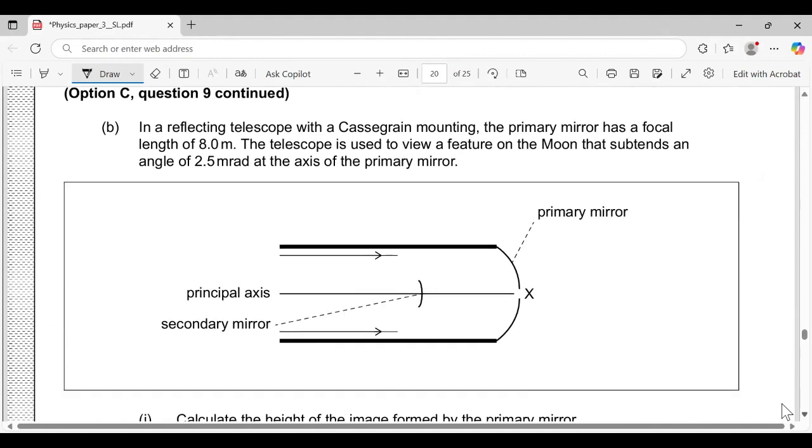In a reflecting telescope with a Cassegrain mounting, the primary mirror has a focal length of 8.0 meters. The telescope is used to view a feature on the moon that subtends an angle of 2.5 milliradians at the axis of the primary mirror.